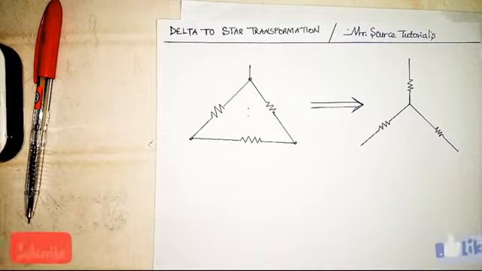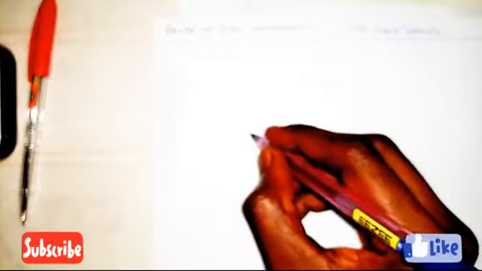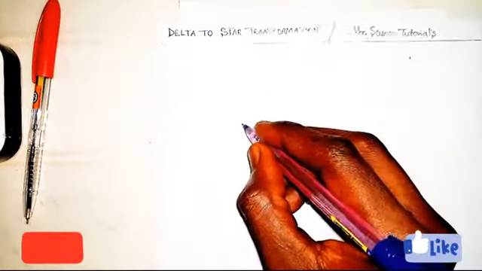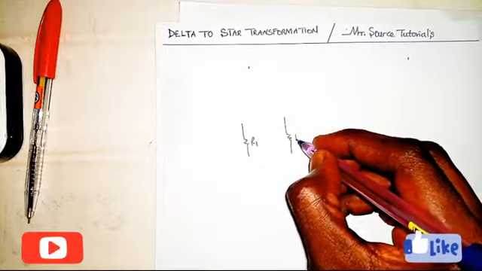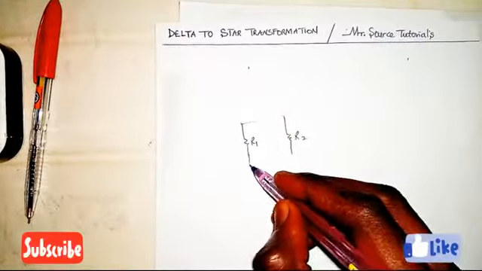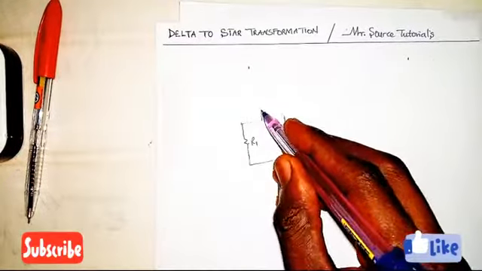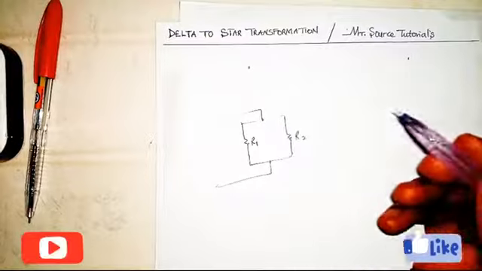Basically, before now, if we have two resistances in parallel, that is connected head to head, that is to say we have R1 and R2 connected head to head. This is called a parallel system, which we would have done in the previous videos.